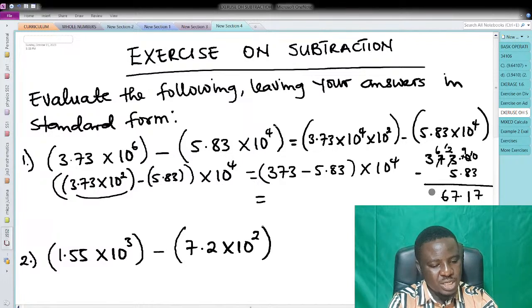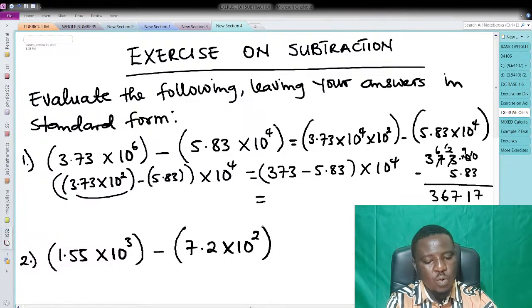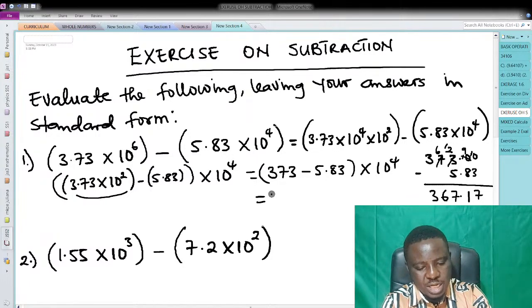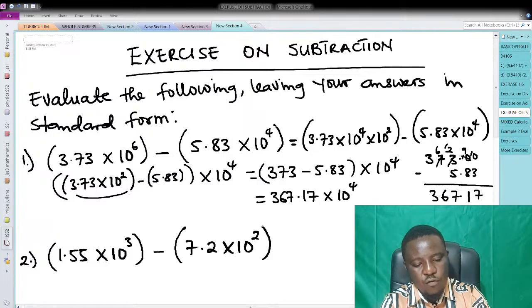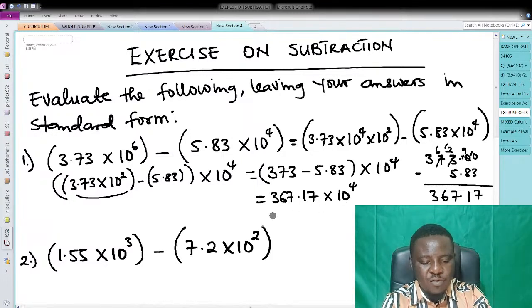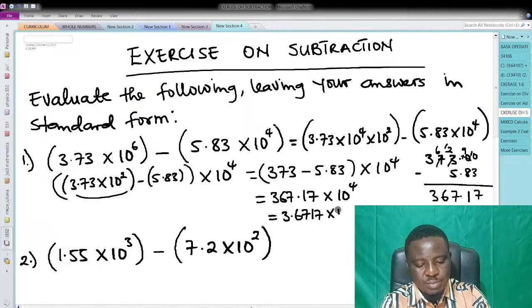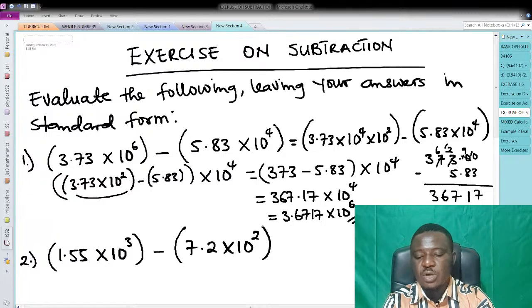You bring down 6 and 3. So this is 367.17 when you subtract 5.83 from 373. So this is 367.17 times 10 raised to the power of 4. Writing this in standard form gives you 3.6717 times 10 raised to the power of 6. So this is your answer.